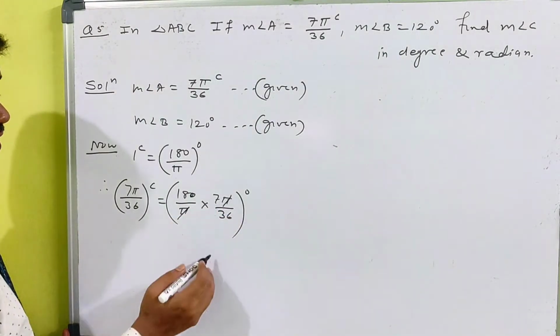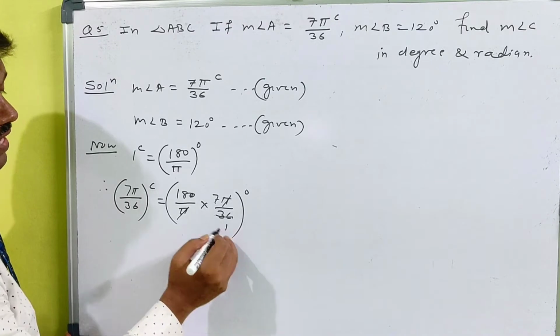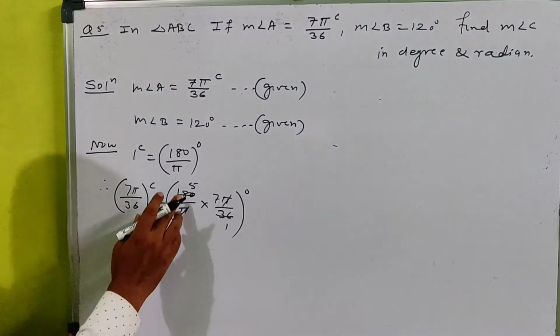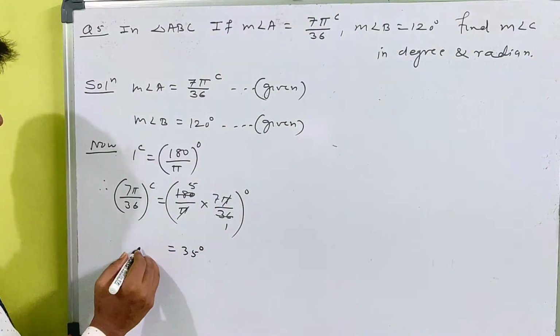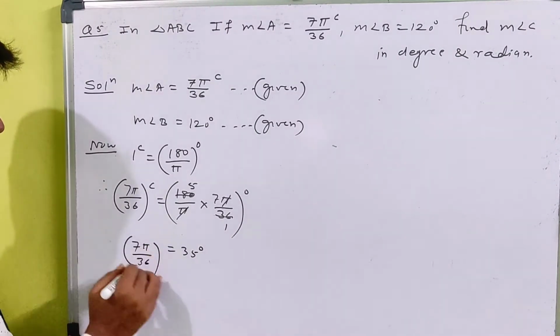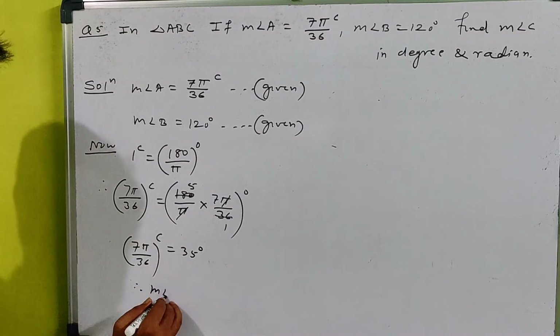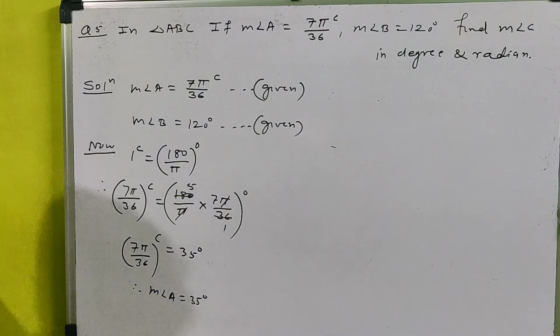This pi and this pi get cancelled. 36 5s are 180. So 5 into 7 is 35 degrees. So it is 35 degree. That means 7 pi upon 36 radian is equal to 35 degree. That is, we can say that measure angle A is 35 degree.